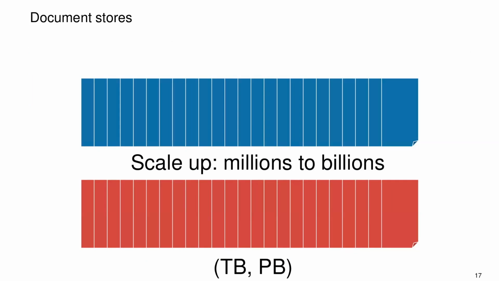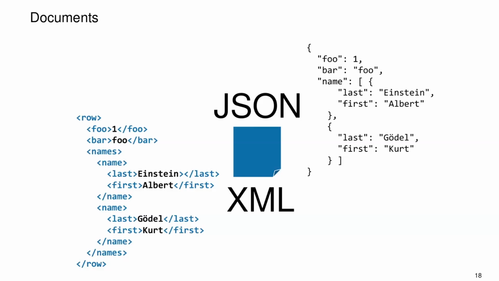And so document stores typically allow you to store collections of documents, collections of JSON objects, or collections of XML documents, in a way that a collection can easily contain millions or even billions, perhaps even today tens of billions or hundreds of billions of JSON objects and XML documents, and very easily into the terabytes or even petabyte range, right? So these are the common numbers for a document store.